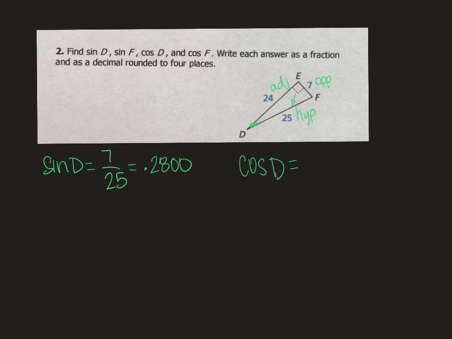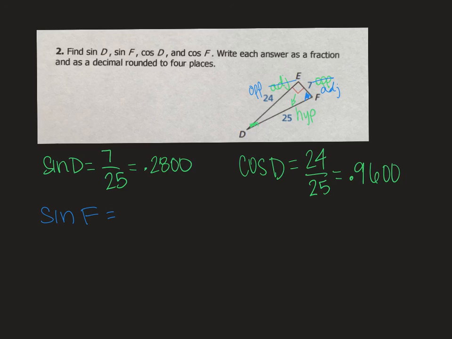And then the cosine of angle D, adjacent over hypotenuse, is 24 over 25, or 0.9600 as a decimal. And then if we go to our angle F, 24 becomes our opposite side, 7 becomes our adjacent side, 25 remains as the hypotenuse.